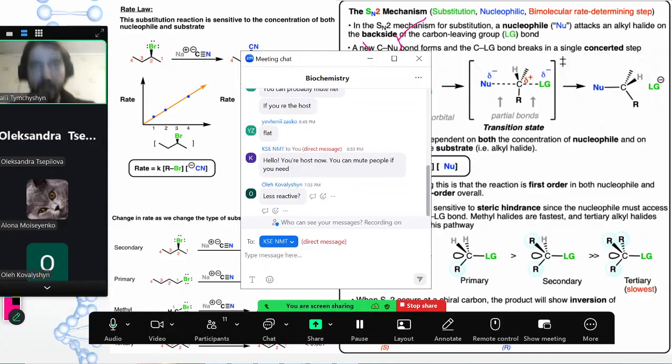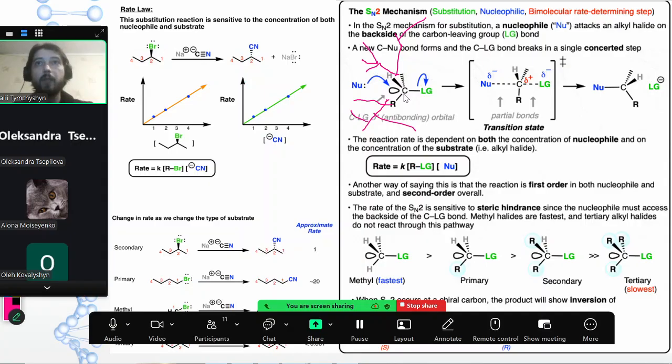Less reactive. Yes, absolutely correct. It will be less reactive because it's more complicated for the nucleophile to get to the place of the reaction. It's called steric hindrance. The more sterically hindered this place is, the more complicated it is for the nucleophile to get there and start the reaction.